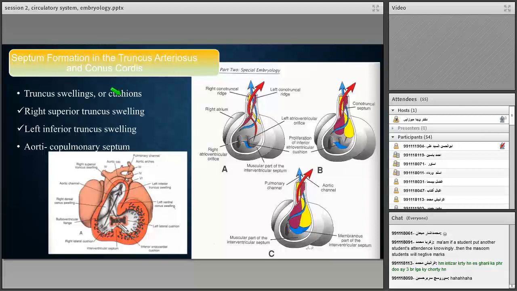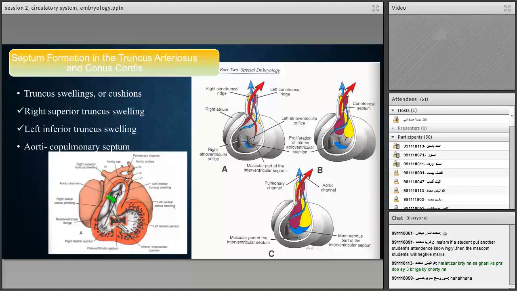These are located on the right superior wall and left inferior wall. Because of that, we call them opposing swellings, right superior and left inferior.